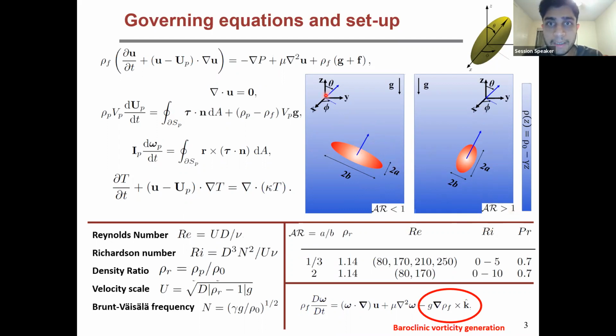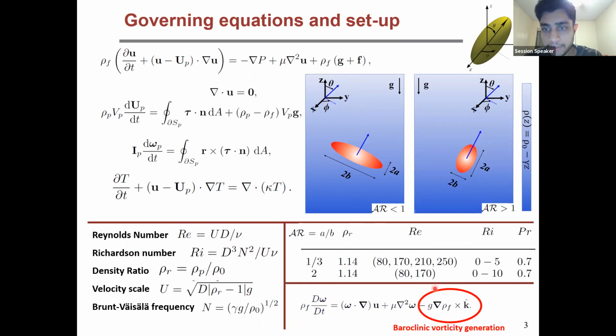We also track the orientation of these particles, and we define the orientation as the angle made by their major axis with the vertical z-axis, and z-axis is the direction of gravity as well as the stratification. The important dimensionless numbers are the Reynolds number and the Richardson number, which quantify the inertial and the stratification effects respectively.